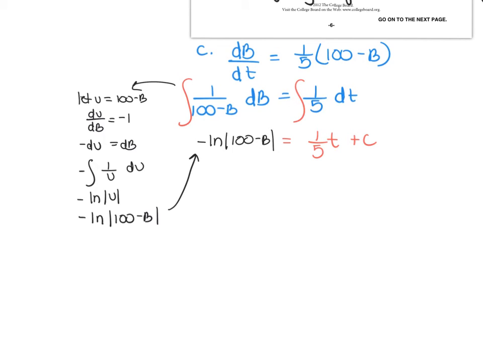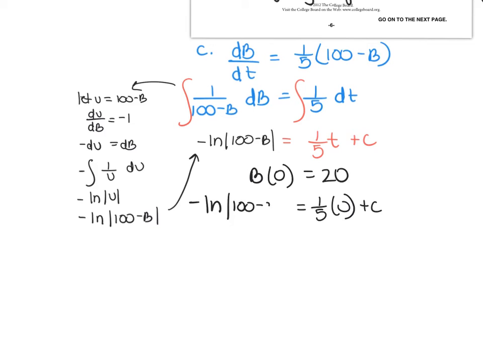So now that we have this, we want to solve for C, knowing that B of 0 equals 20. So what is that telling us? It's telling us when time equals 0, the weight of the bird is 20 grams.